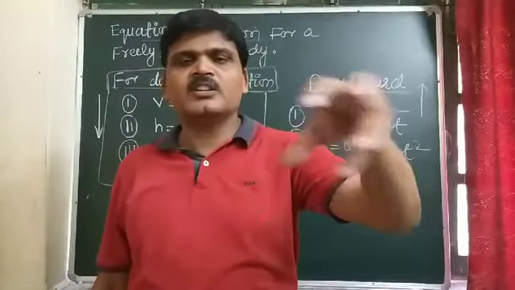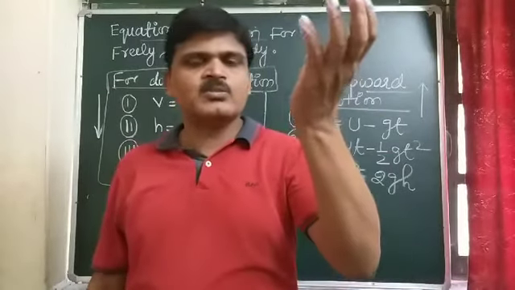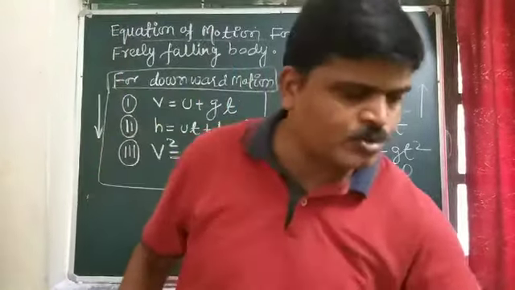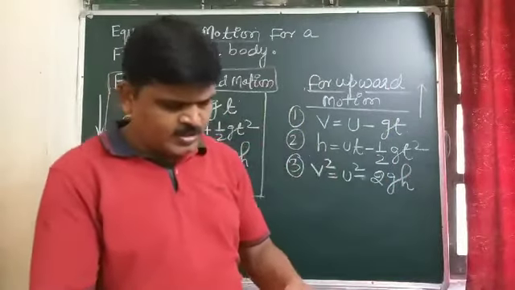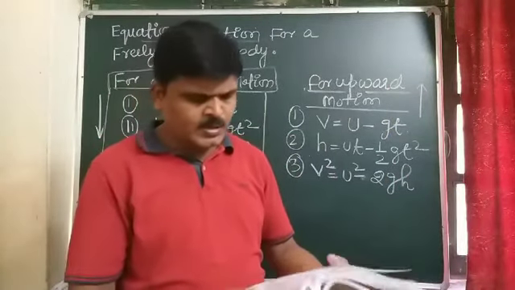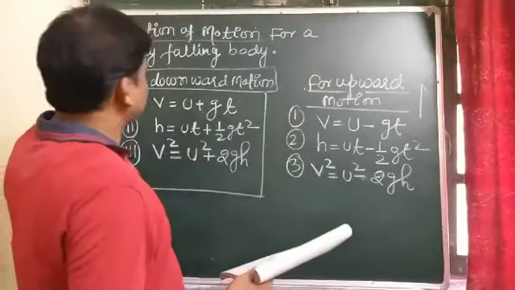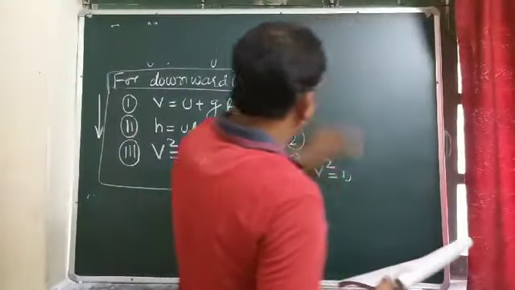Downward motion, g is taken positive. Upward motion, g is taken negative. Now I am going to solve a numerical, which is example 10.3 and is based on this equation.